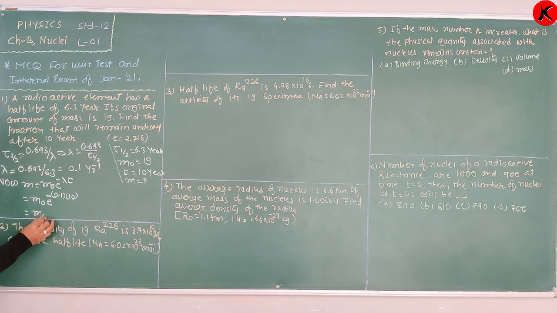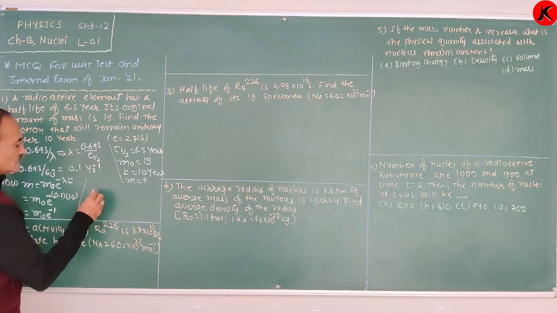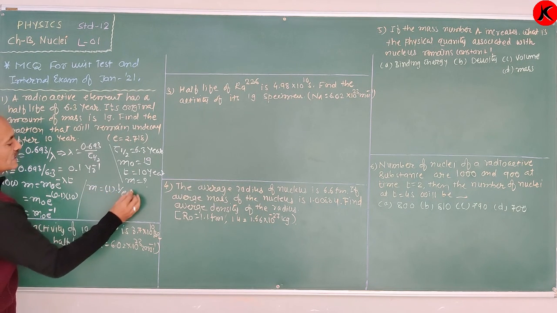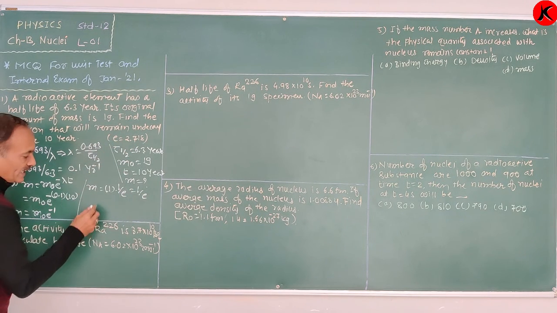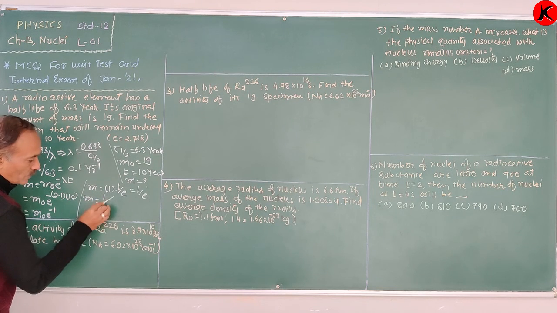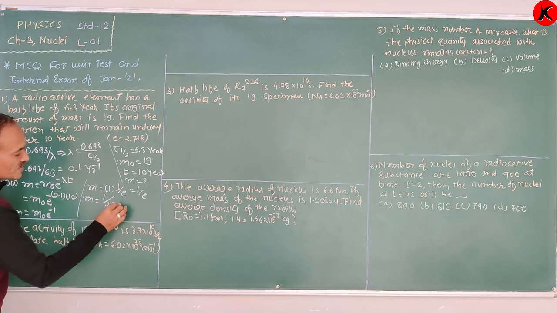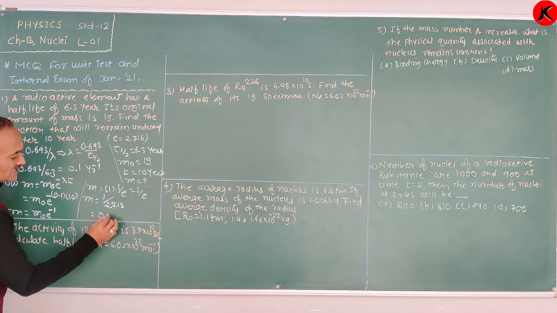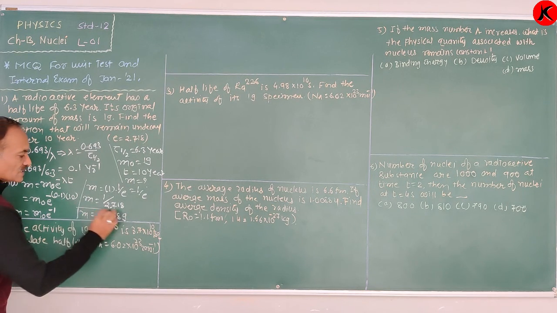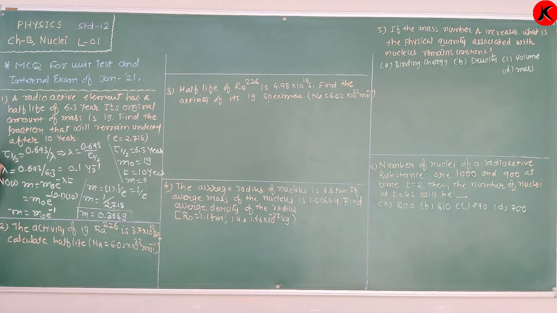Therefore m is equal to m0 e to the power minus 1. m0 is 1, so m is equal to 1 into 1 upon e. E is 2.718. Therefore m is equal to 1 upon 2.718. As we simplify it, we obtain 0.368 gram. That mass of the given substance is remaining after the 10th year.